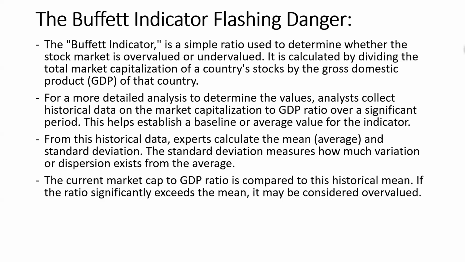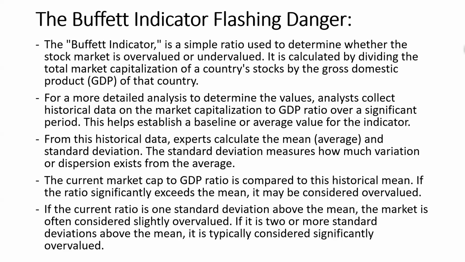If the ratio significantly exceeds the mean, it may be considered overvalued. To give you a clearer idea, if the current ratio is one standard deviation above the mean, the market is often considered slightly overvalued. If it's two or more standard deviations above the mean, it's typically considered significantly overvalued.